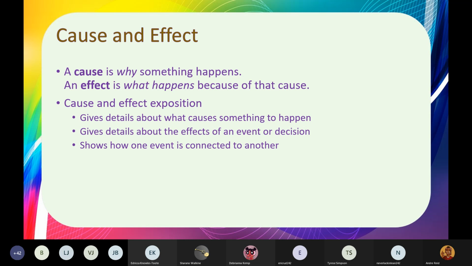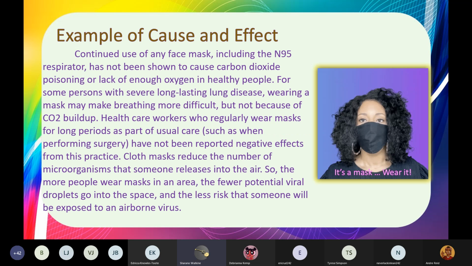All right, so let's look at this. Example of cause and effect. Yes, it can make you sick, Debriana, and you'll wonder why. Continued use of any face mask, including the N95 respirator, has not been shown to cause carbon dioxide poisoning or lack of enough oxygen in healthy people.